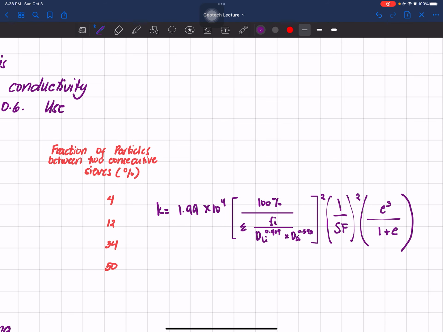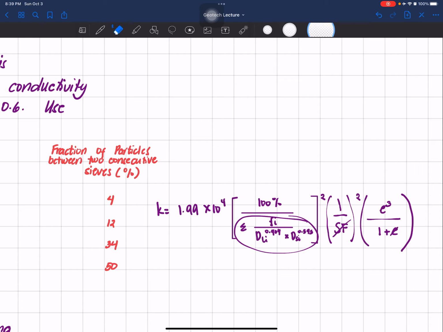To understand this formula better, we will solve it. We have a given SF, no problem there. We also have a given e, no problem. The only problem we have is the summation of Fi all over DLi raised to 0.404 multiplied by DSi raised to 0.595. How do we determine this?